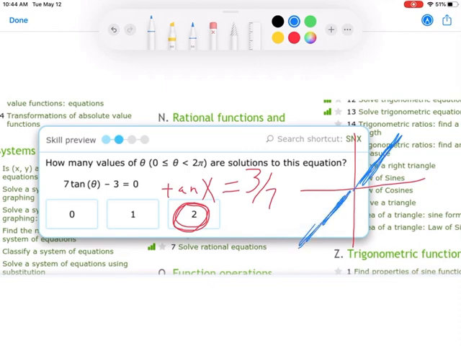Because tangent is sine over cosine, you get a positive 3/7 in quadrant 1 because they're both positive. And down in quadrant 3, the tangent is positive as well because it's negative over negative. So you're going to get 2 solutions in that one.